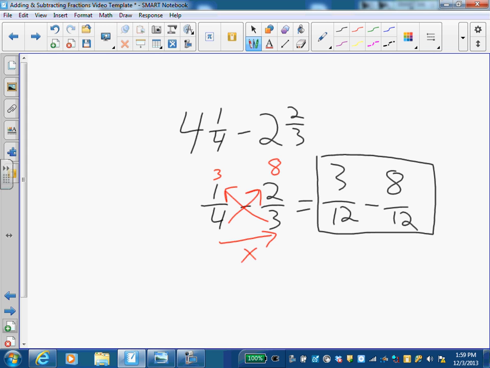Okay? There's several ways you can get around that, but that gets beyond what we really need to focus on right now. So my suggestion is, it may take a little bit longer because you're working with larger numbers, but just change the mixed numbers into improper fractions. Okay? You won't run into that problem when you do that.